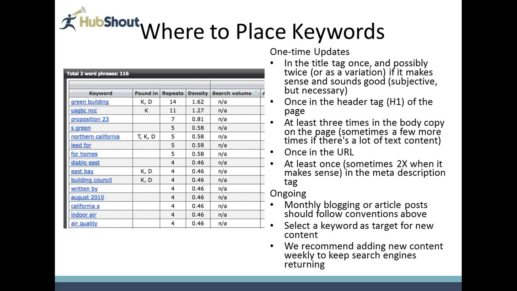You have a page on your website that is supposed to be about green building, and you know that every month you need to write a new piece of content. So this month you decide you're going to write that piece of content about green building. Somewhere in one of the mentions of green building in the body of the content, you want to hyperlink that over to your target green building page.